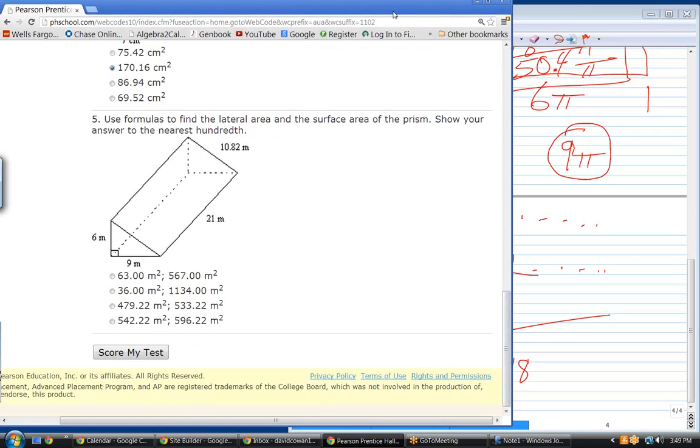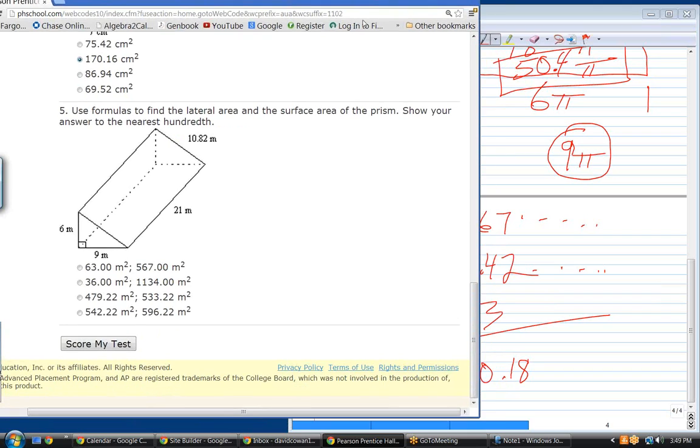Use the formula to find the lateral area and the surface area of the prism. Show your answer to the nearest hundredth. Okay, what's the difference between the lateral area and the surface area? I'm not sure.